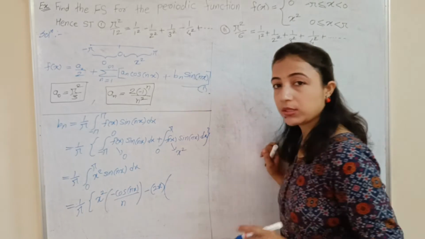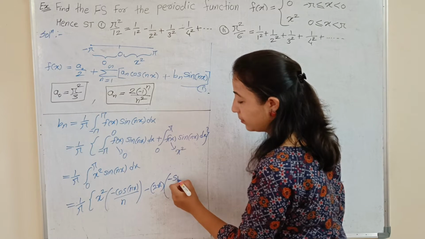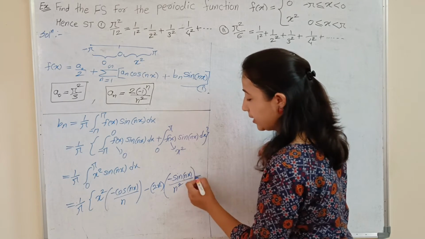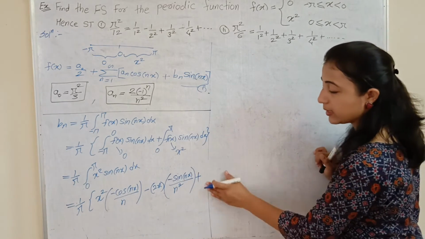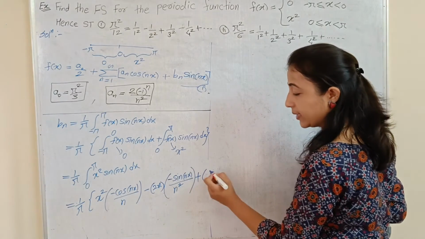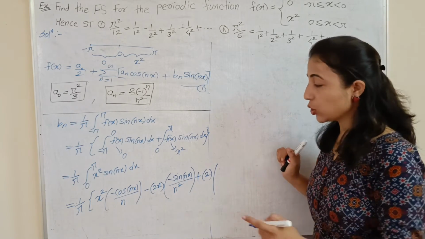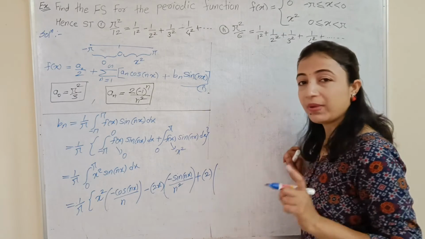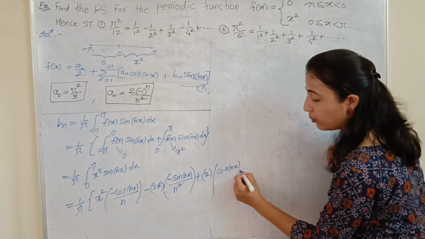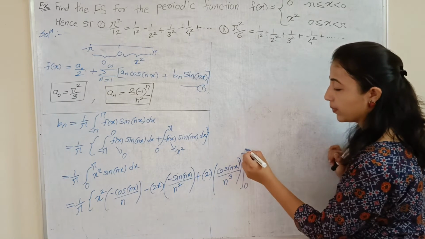The integration of cos is sine nx upon n, and here is a minus sign, so minus sine nx upon n square. Then the next term is plus, alternate plus minus is there. So plus the derivative of the first term, the derivative of 2x is 2, and the integration of the second term. The integration of sine is minus cos, and here it is already minus, so minus of minus becomes plus. So that is cos nx upon n cube, and the limit is 0 to pi.